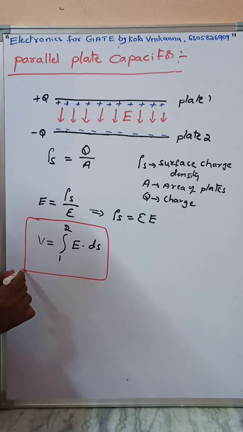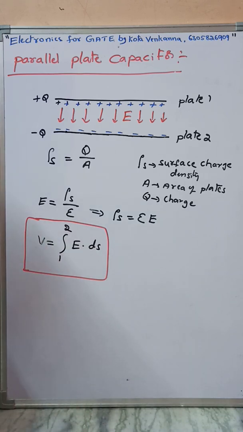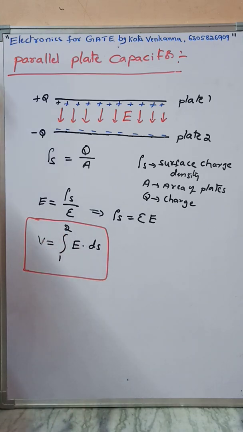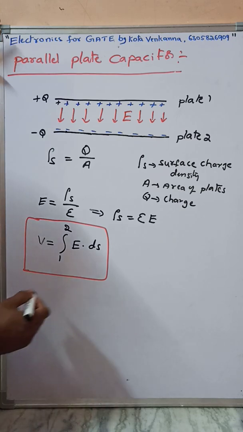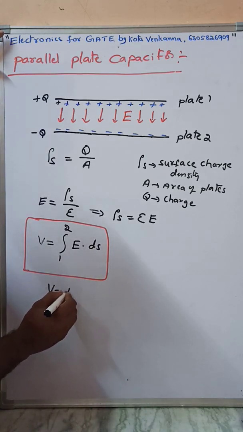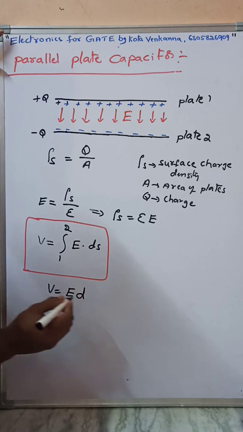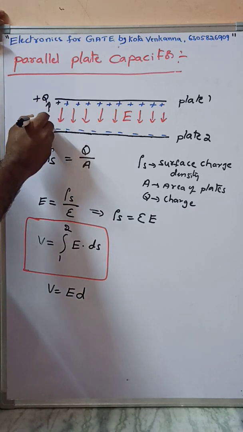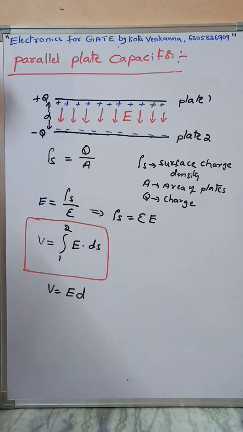Finally we want a capacitance equation, so for its derivation we have to derive the equation for voltage. This equation is also V is equal to E d, where d is the separation distance between the two plates.